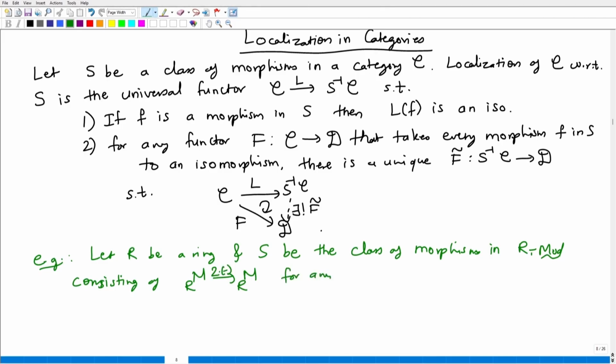Left module I am denoting by writing R as a subscript. So x mapping to 2x, this map you would like to invert. Then what will happen to the map that is x mapping to 4x?